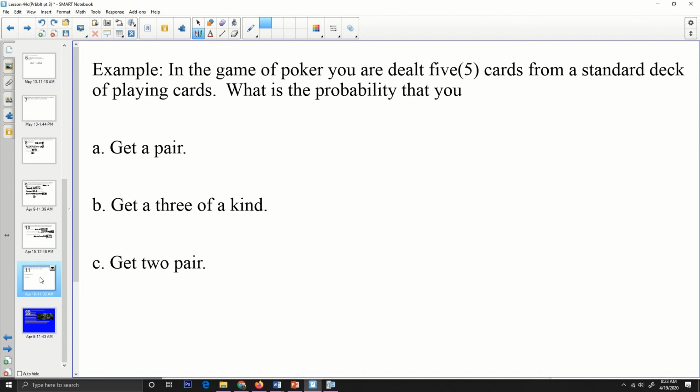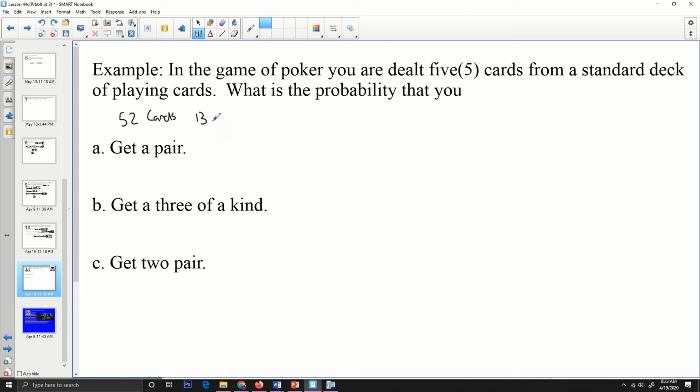All right, last one. Let's talk about poker. Just as a quick review of poker, there are 52 cards. Let's review the cards just to be clear.